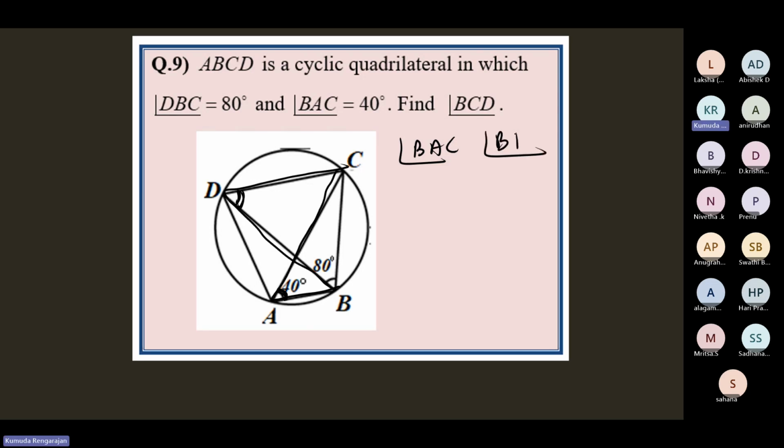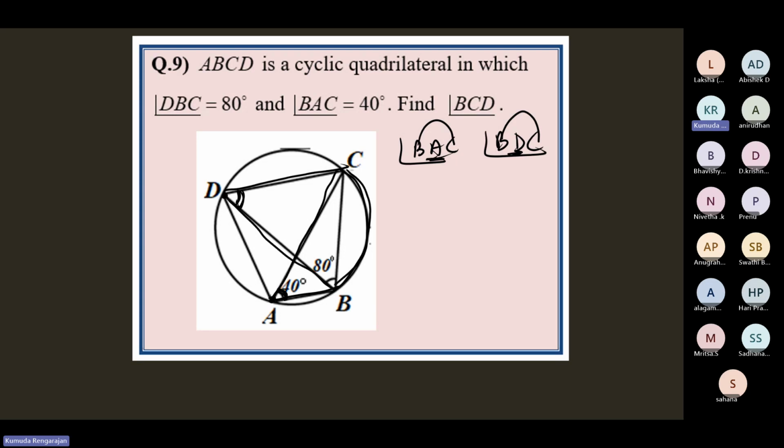Now you can see from the name that both the angles are made by the same arc BC. The arc BC is here, and the points A and D are not on the arc itself. So this BC, all of you will agree, is a minor arc. The points A and D are on the major arc, and both are on the circumference of the circle.